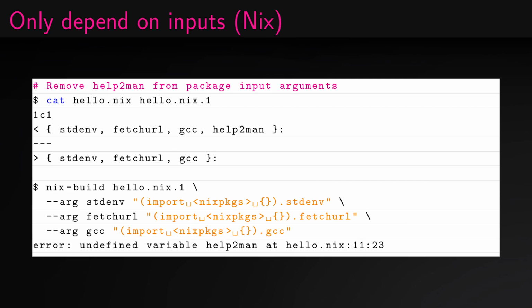So let's take a look at what happens if we just remove help2man as a named argument from the definition that we saw earlier. Well, if we do that, then we get the error at the bottom, undefined variable help2man, because we're trying to use it later on in the definition.